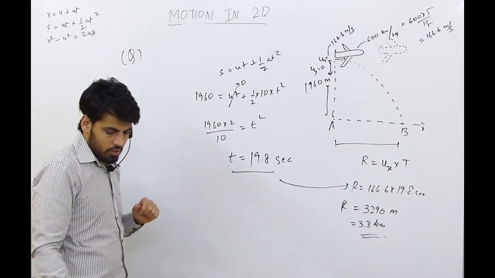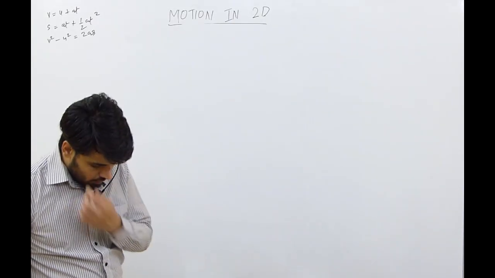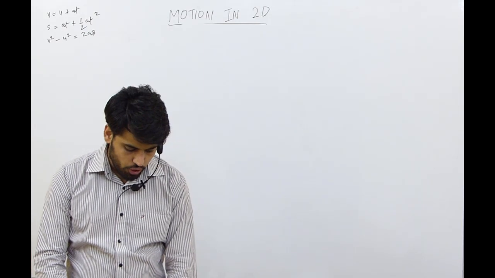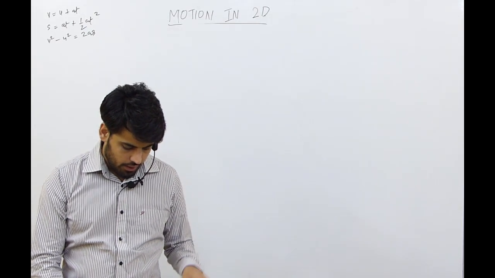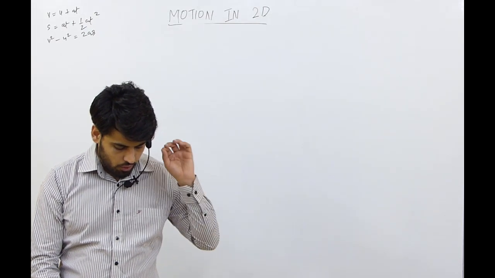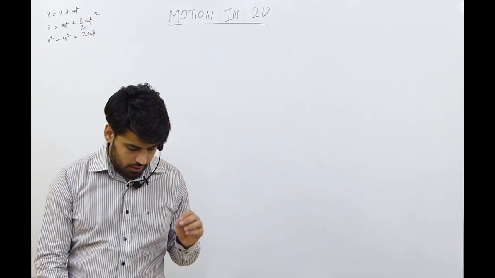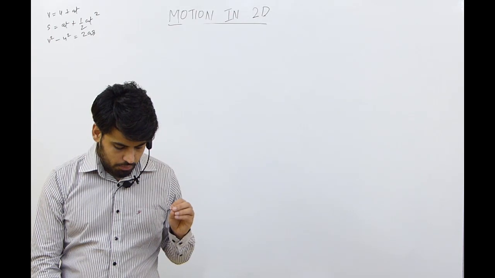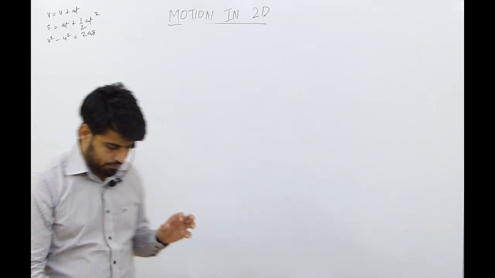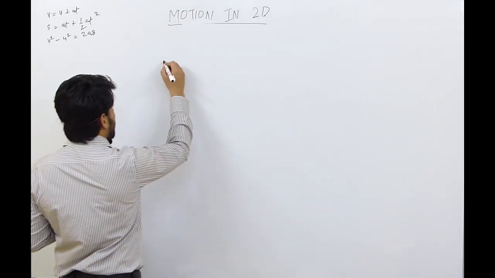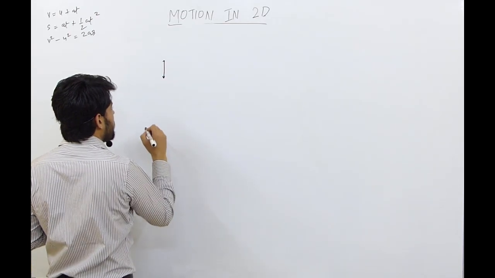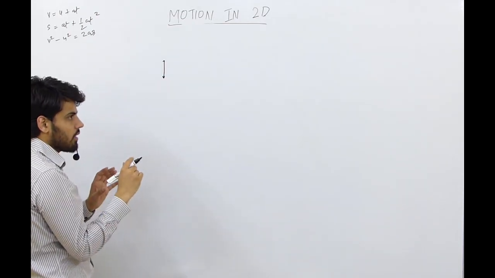Next, one more question. A particle is dropped from a height. Another particle is thrown in a horizontal direction with a speed of 5 meter per second from the same height. Do both particles reach the ground at the same time? See, one particle is just dropped, which we have already discussed.